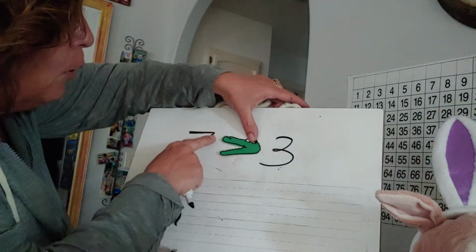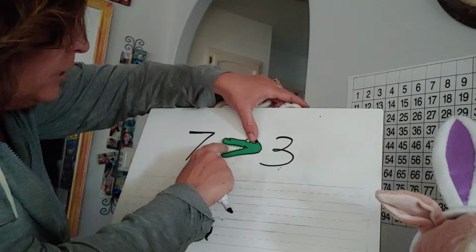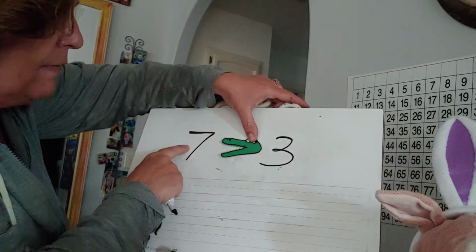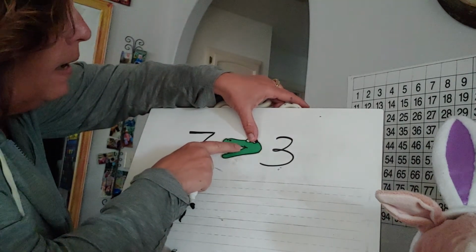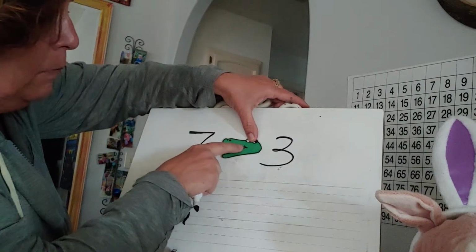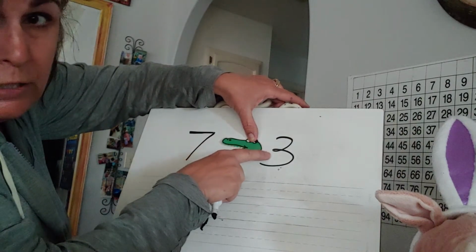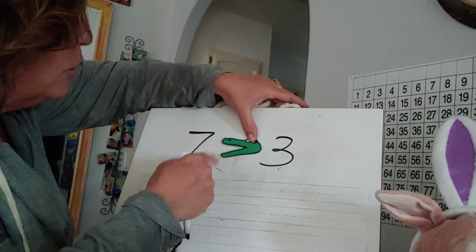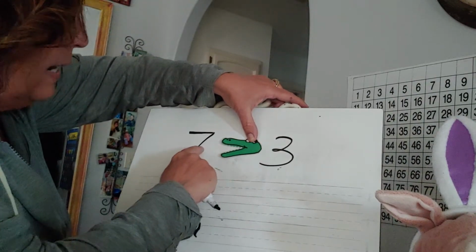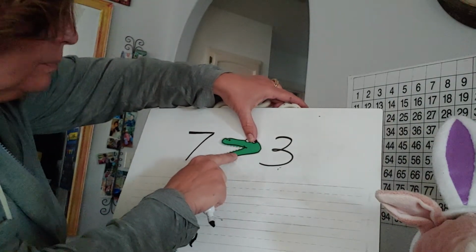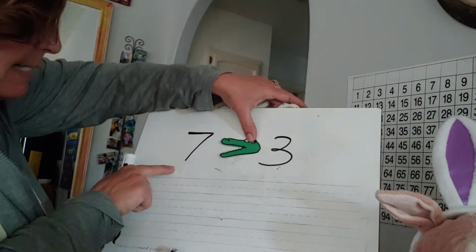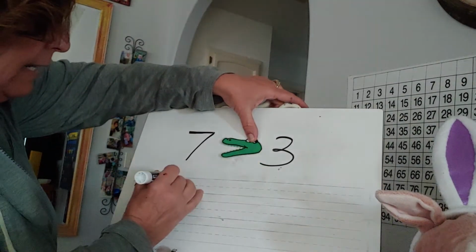So his mouth is open, the big side is open. He can chomp, chomp, chomp the number 7. The little tiny part of his mouth is way back here. It's closer to the smaller number, which is 3. So he's going to want to go this way to eat the number 7. So the way that we read this is 7 is greater than 3.